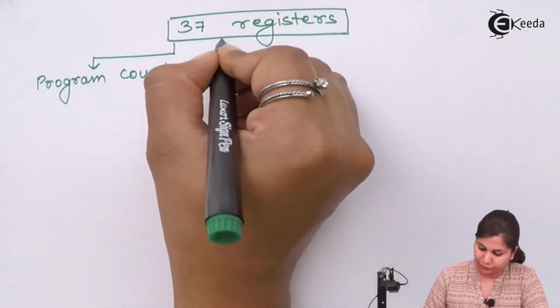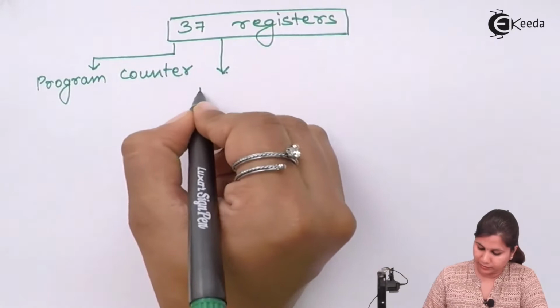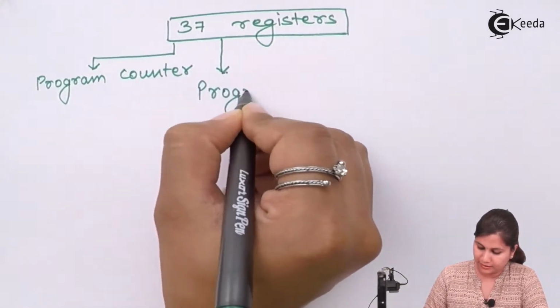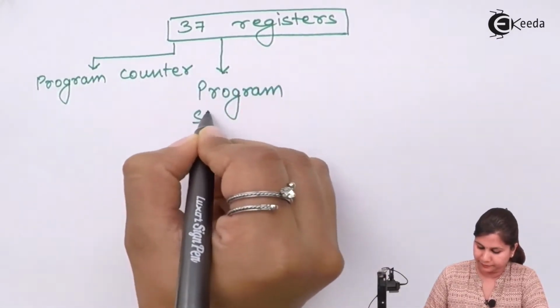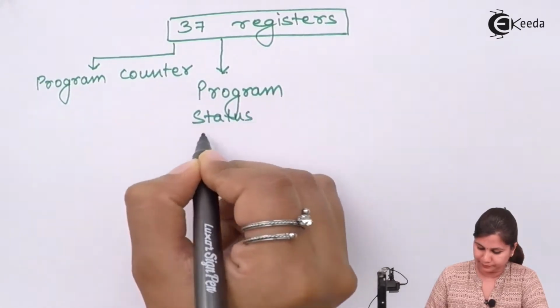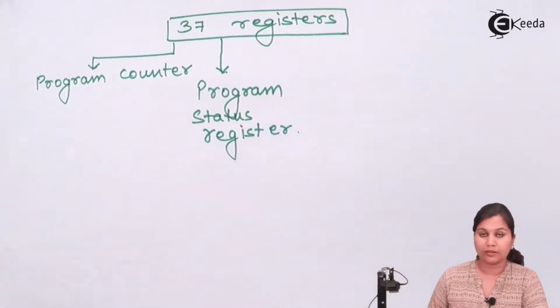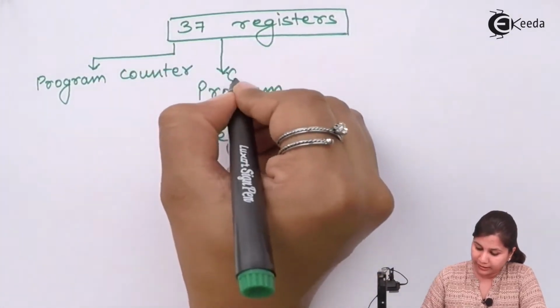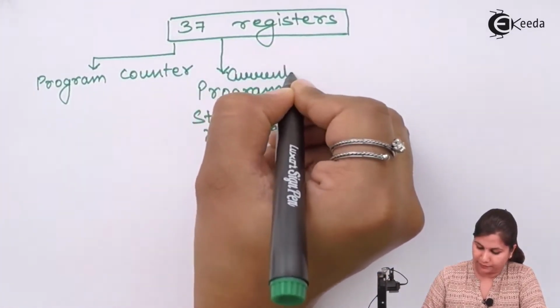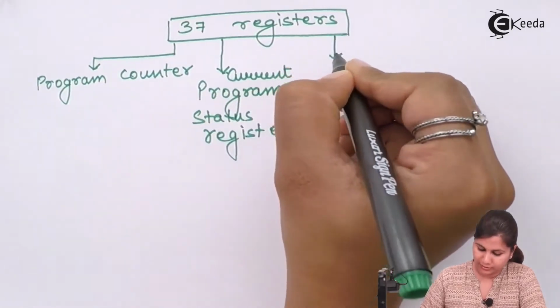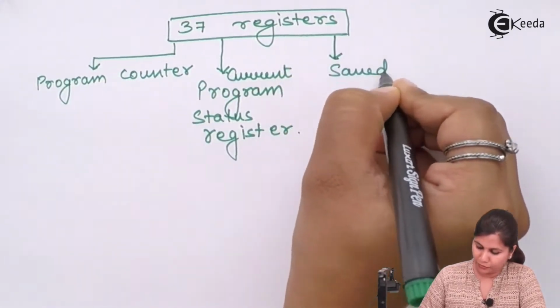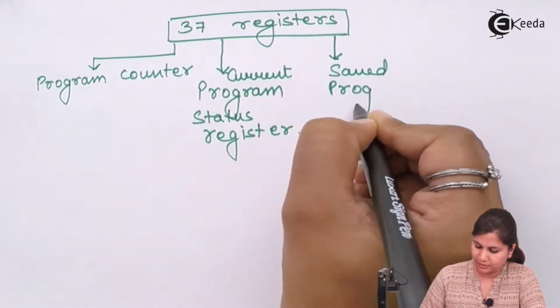One is the current program status register, and another is called the saved program status register.